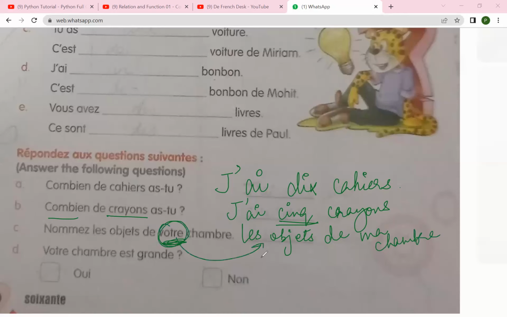So when you answer the question, you have to change votre into ma, that is my room. So les objets de ma chambre sont, I can name them, le lit, la lampe, all the nouns which we covered in the first part of lesson 5. So you can write them here. Okay.